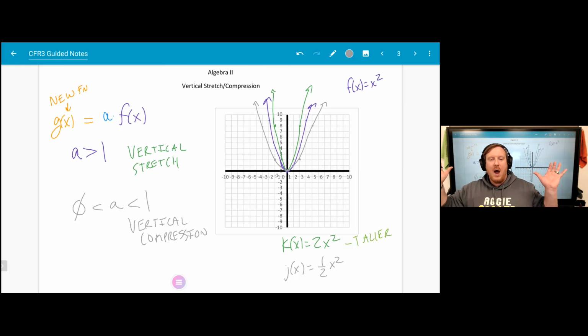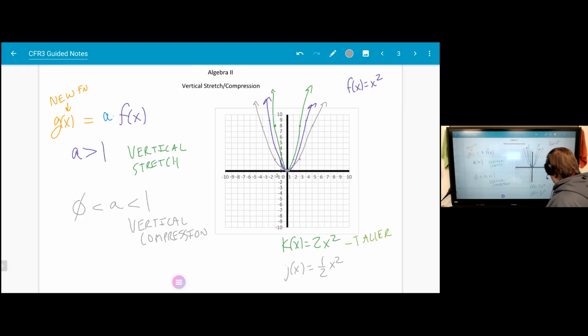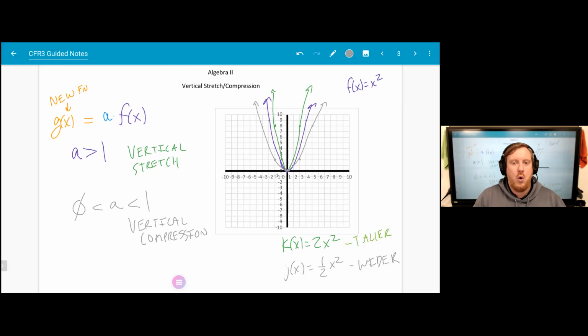I've squished it down, so it's squeezing out the sides. While the vertical stretch was taller, this is going to make it wider. We call that the vertical compression. This is the last one I'm going to do for this part. We're going to do a second part.